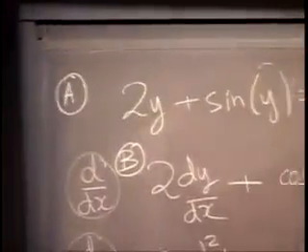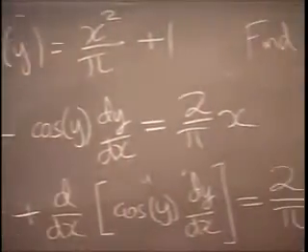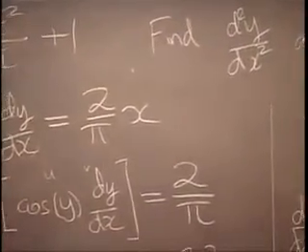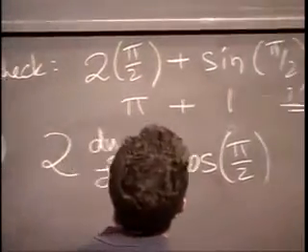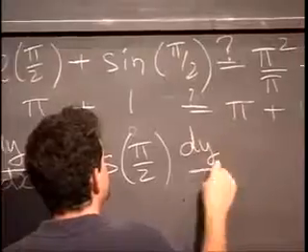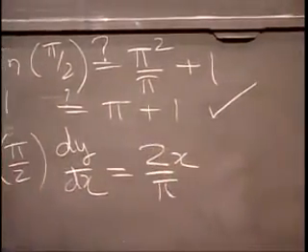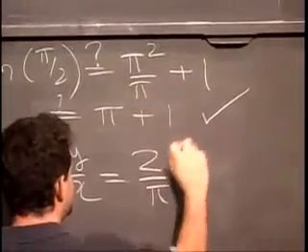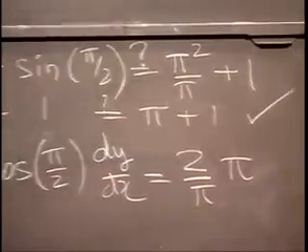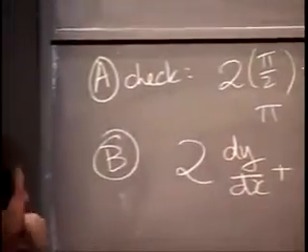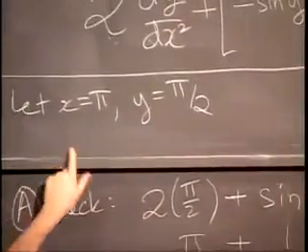Now we go to the derivative equation. And we have 2 dy/dx, I'm just copying from equation B above, plus cosine y, which is pi over 2, dy/dx is equal to 2x over pi. But x, of course, is pi. So I've just taken equation B from above, and I have replaced y by pi over 2, and I've replaced x by pi.